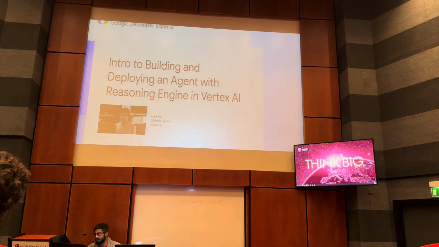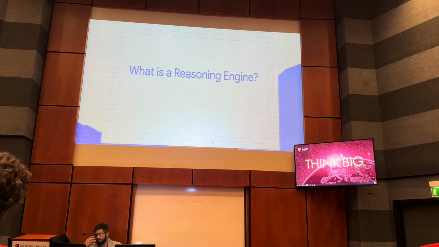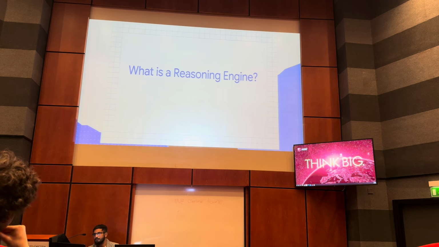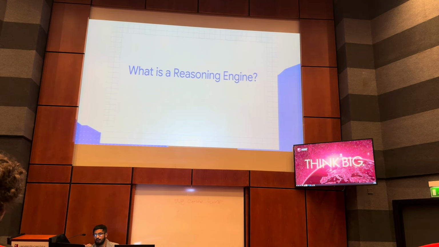So continuing with that, what is a reasoning engine? As I said, it's about logic. For example, if you've ever gone to ChatGPT and asked it some math questions, like what is this number plus that number, or something more complex, it will probably not give the correct answer all of the time, because it's just interpreting it off of the tokens, which means it's not really calling a function.